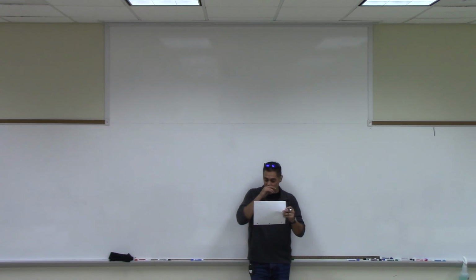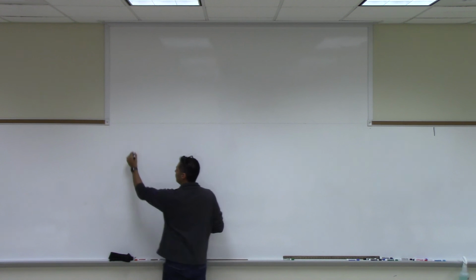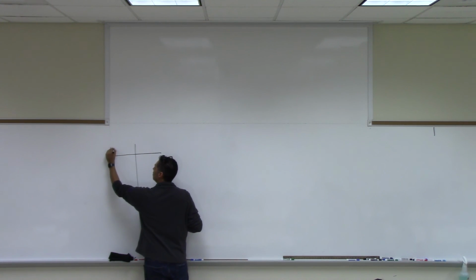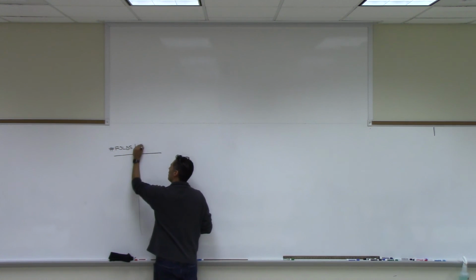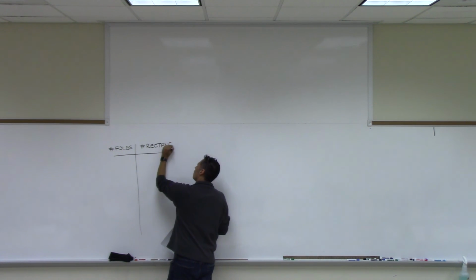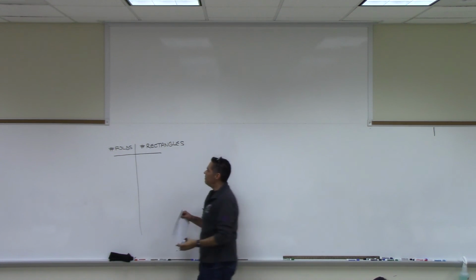So right here I have a rectangle. Everyone see this rectangle? I have one rectangle. And what I'm going to do is make a t-table that says here the number of folds that I have in the paper, and then here's the number of rectangles that you see. So right now I have not folded the paper.